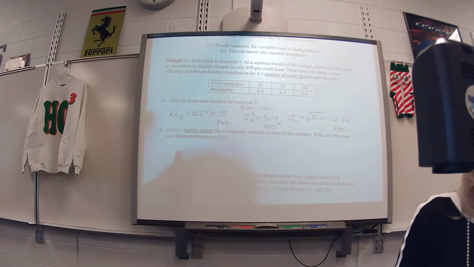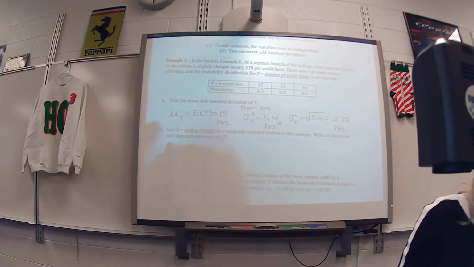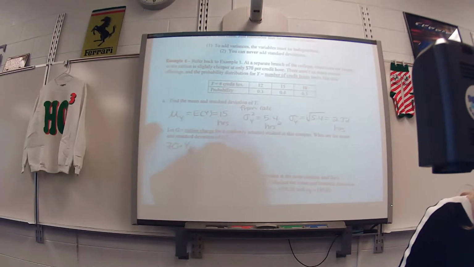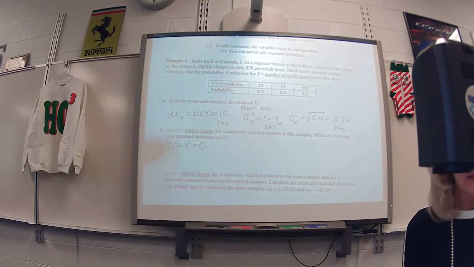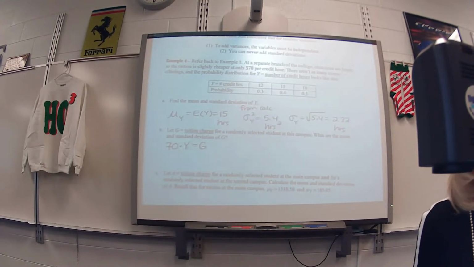But we're going to do this by creating a new random variable. We're going to take 70 and multiply by all of our y values to create what's called G, tuition charge. This is an example of transforming a random variable.